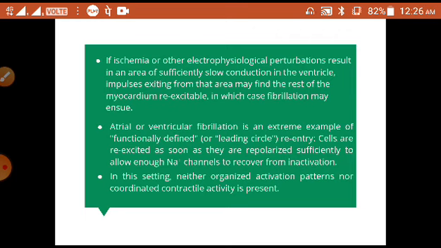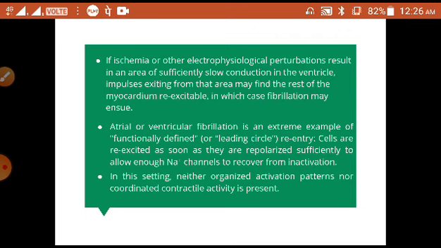This is because of that scar formation, that area was not functional, and in that way the impulse conduction pathway has been diverted, and that diverted pathway disturbs the other pathways in the surrounding area, and they get enhanced or additional impulses, and that causes the fibrillation.